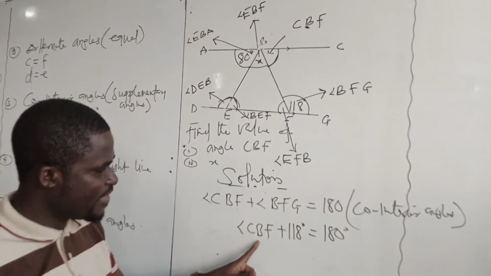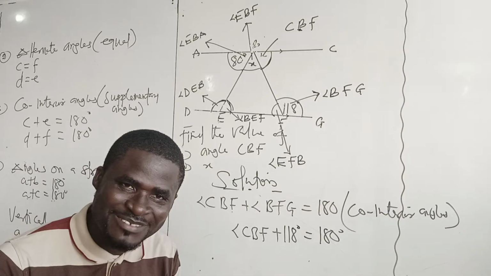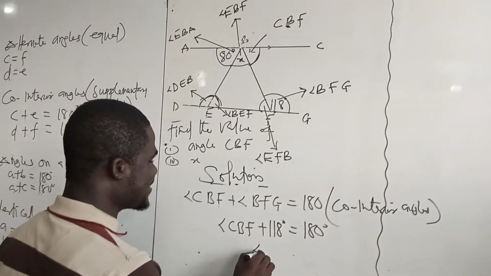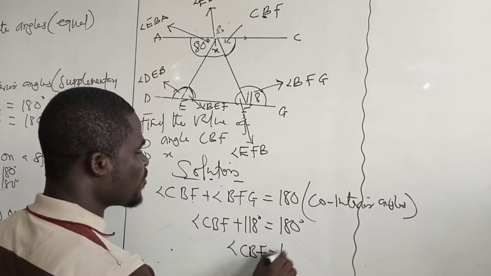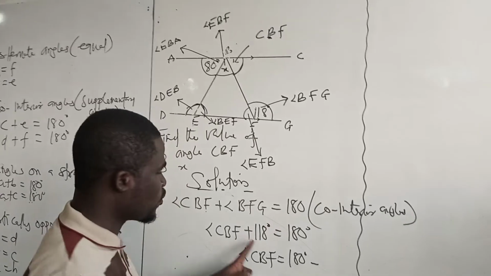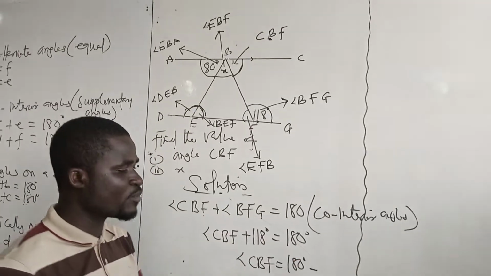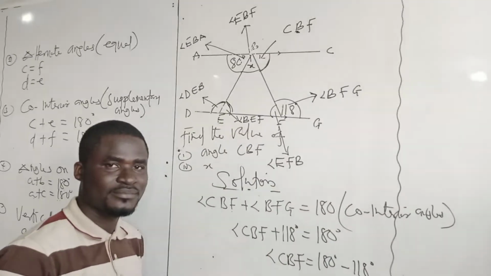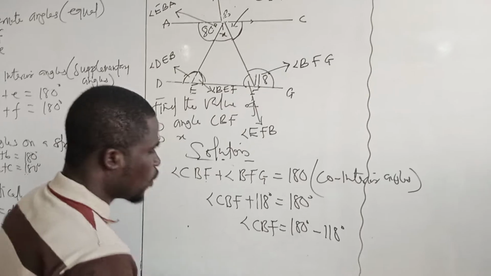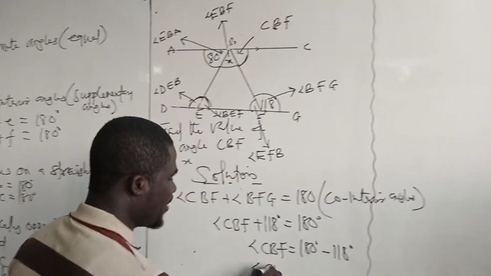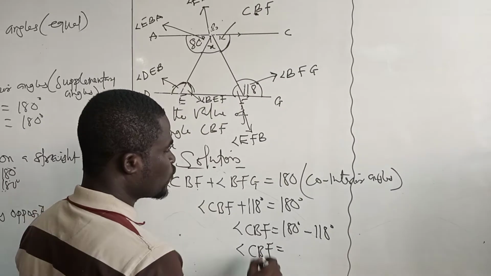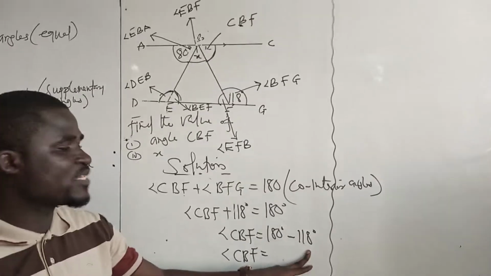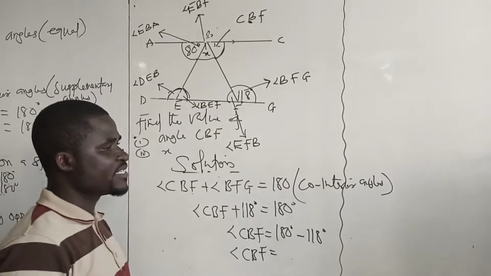We are looking for angle CBF. What do we do? Group like terms. So we are going to have angle CBF is equal to 180 degrees minus 118, because this 118 is causing the equal sign to become negative. So angle CBF is equal to 180 minus 118 to give us 62.